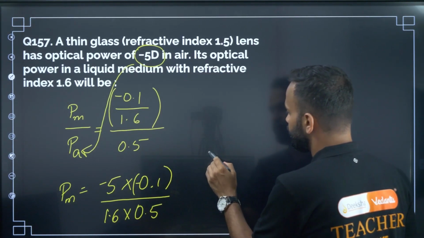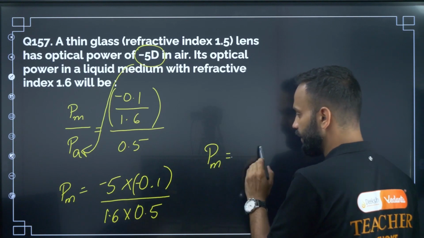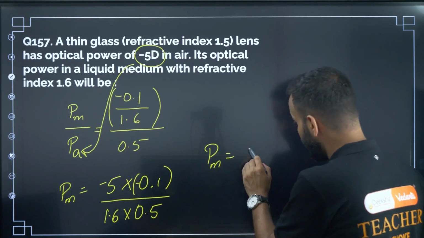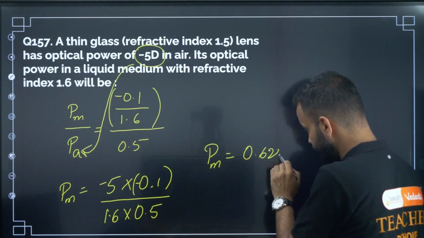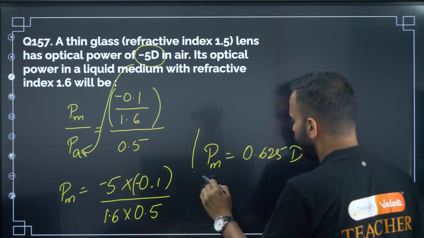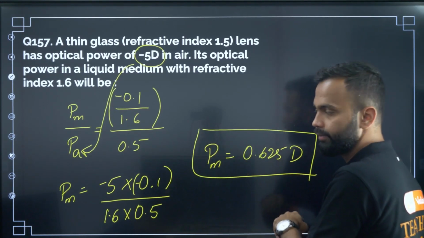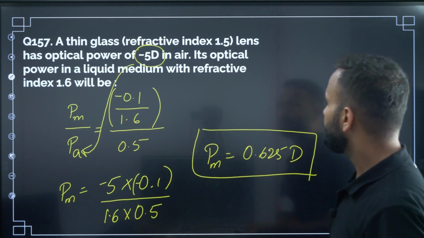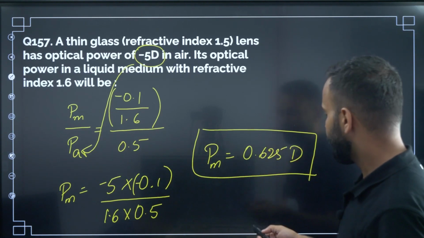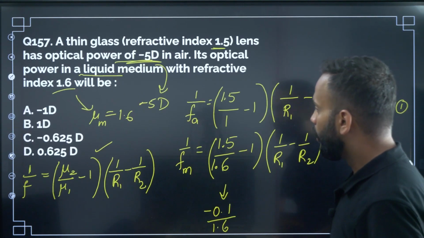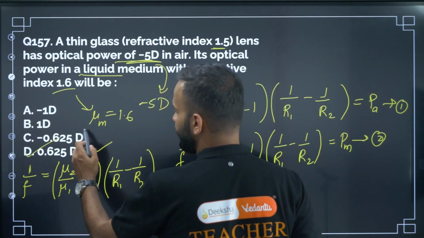So now the power of the lens in the liquid medium is equal to 0.625 diopter. This is the power of the lens when it is immersed in liquid medium. Here the correct option is D.